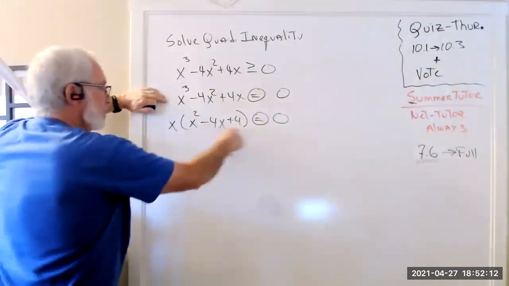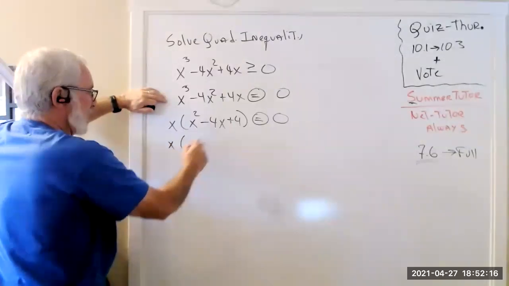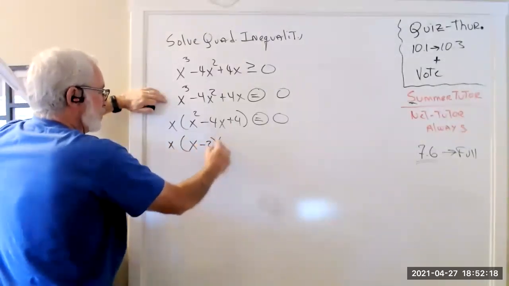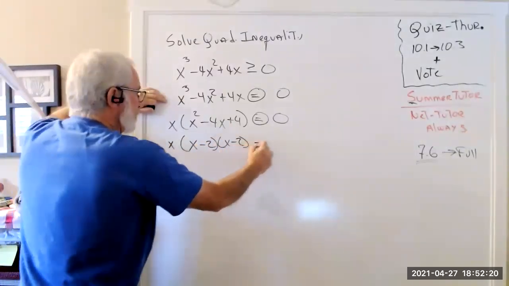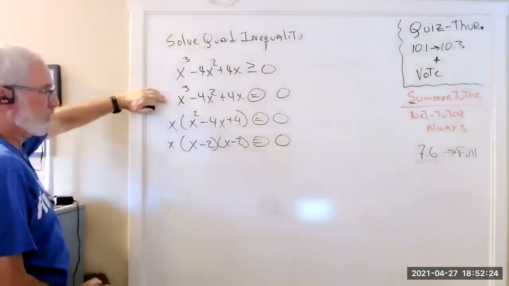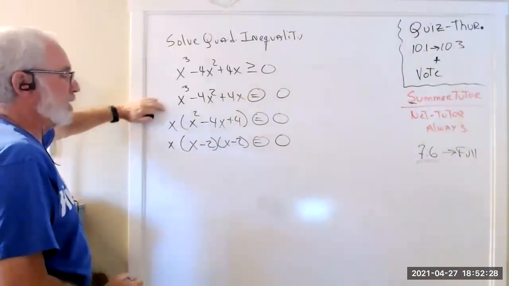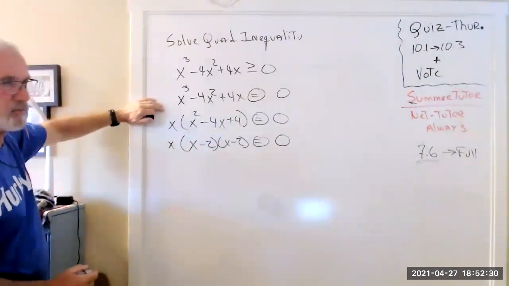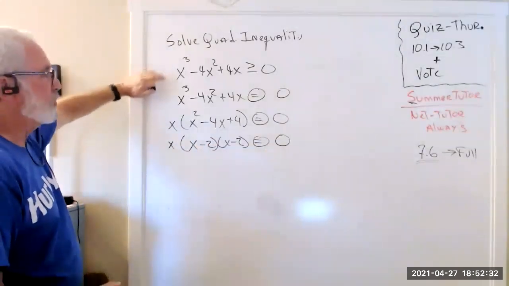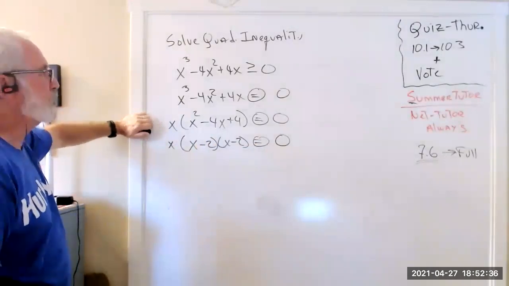Okay, now I can factor that some more. So I have x times x minus 2 times x minus 2 equals 0. While I'm going a little bit fast, what I'm doing should be pretty familiar to you now.